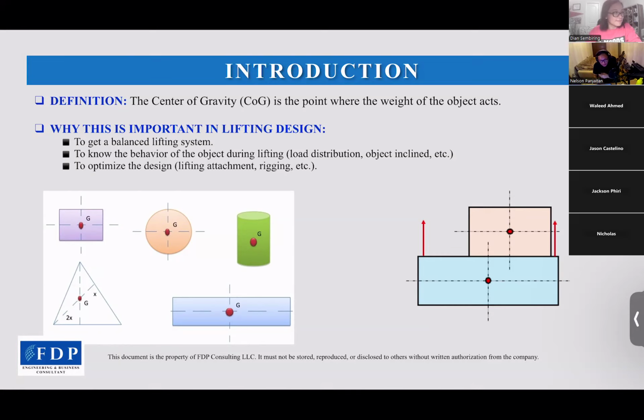Since we know the load distribution, we know where to put the lifting attachment and how to design the lifting attachment itself. Sometimes we use a padeye or a trunnion, and we can also optimize the design of the rigging itself. For example, if the load distribution we get is 50 kilonewton, then we can use rigging with maybe 70 kilonewton capacity, like that.